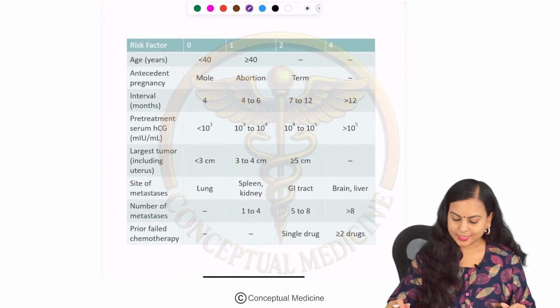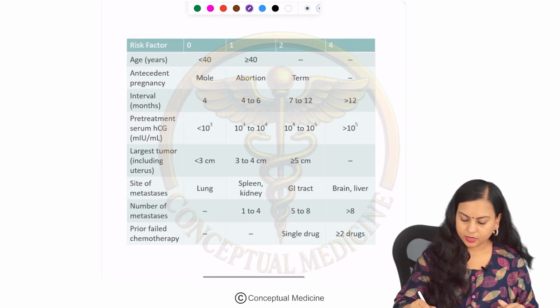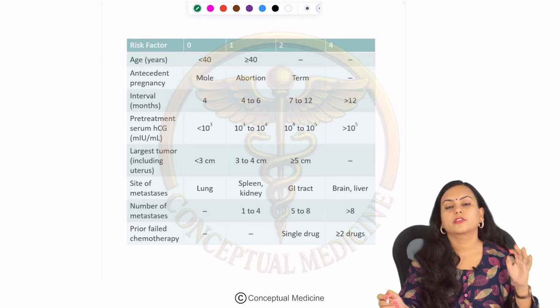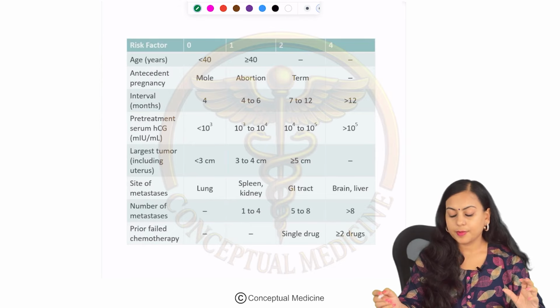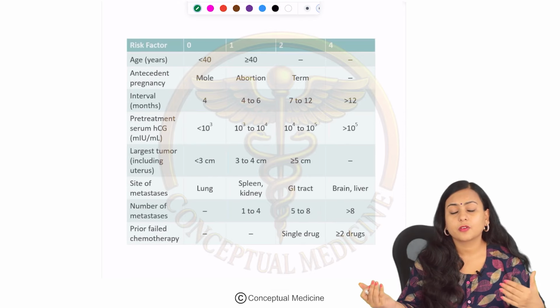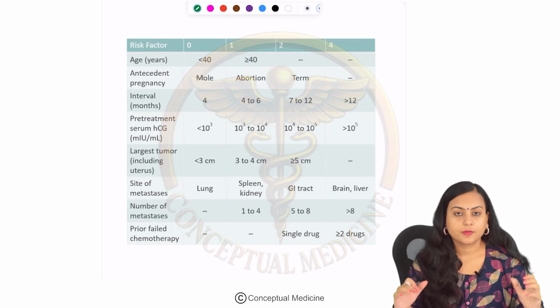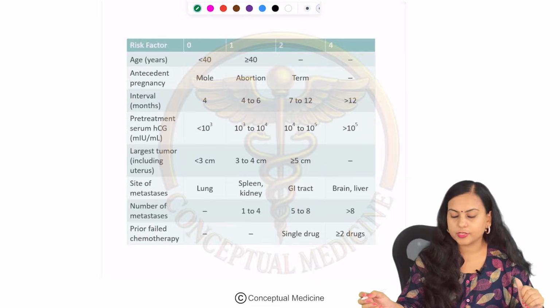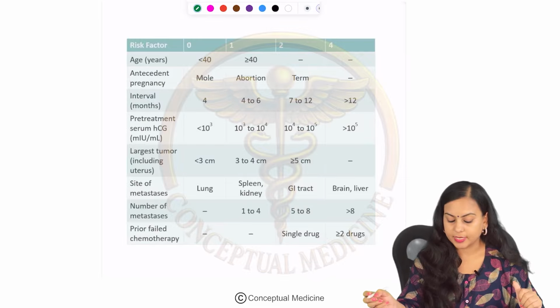Now, let's see the WHO prognostic scoring system for gestational trophoblastic neoplasia. Based on this scoring system only, we are going to give them treatment, either chemotherapy or radiotherapy or surgery. This is planned based on this scoring system.